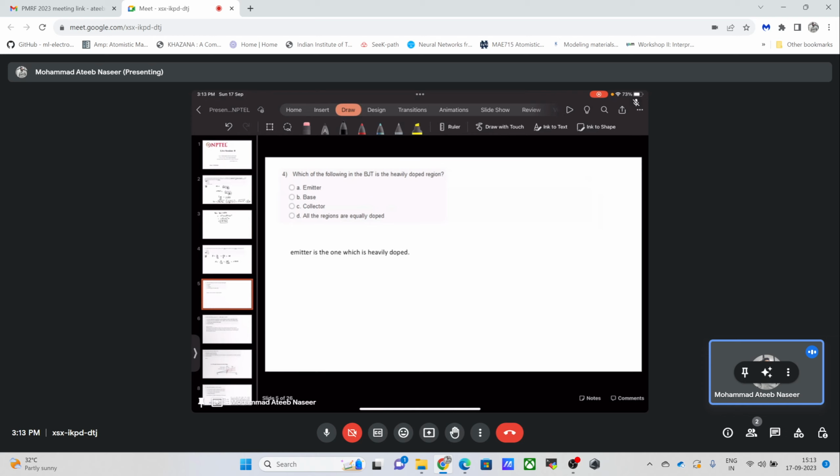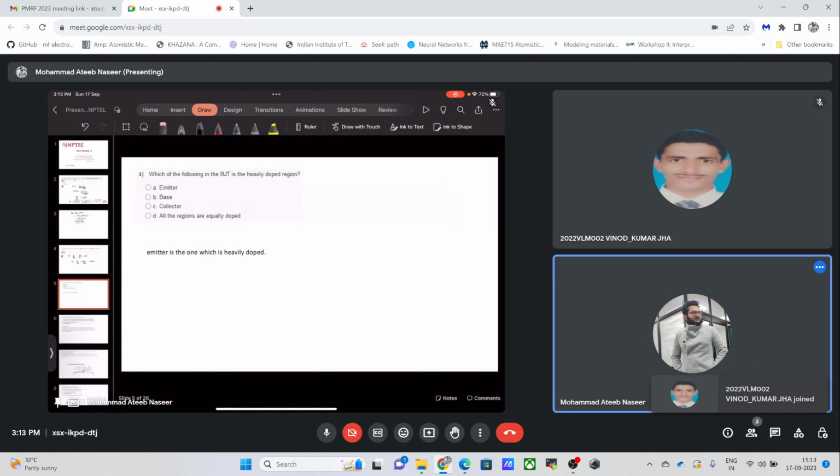Now let's move towards another short problem, which says: which of the following in the BJT is the heavily doped region?